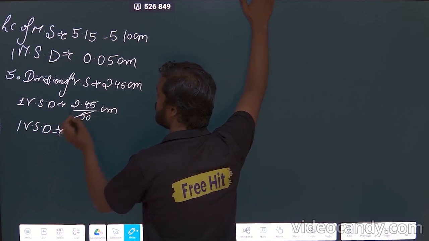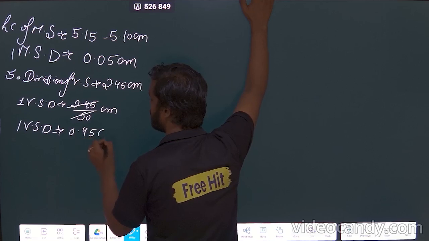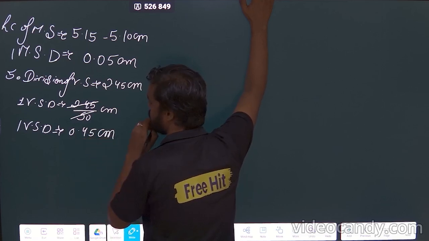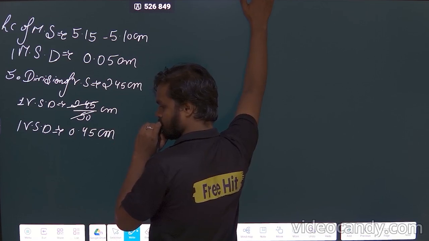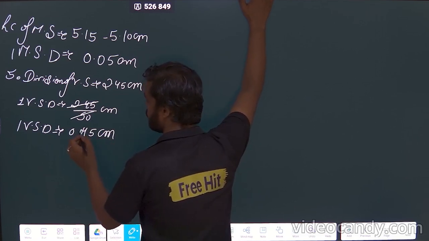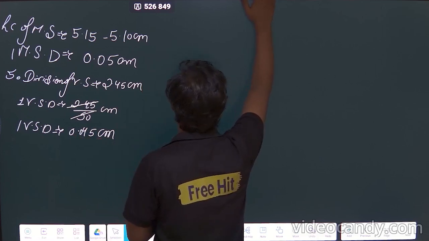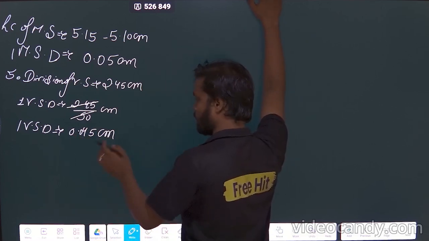This is 0.45 centimeter, yes or no? Oh sorry, 0.045 centimeter. Clear? That is my value. Okay, I got the vernier scale division.